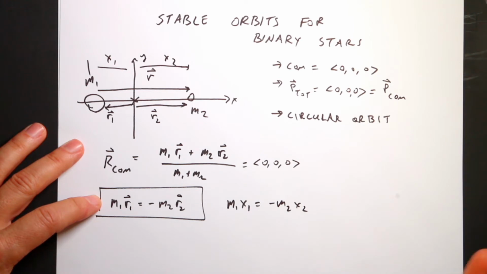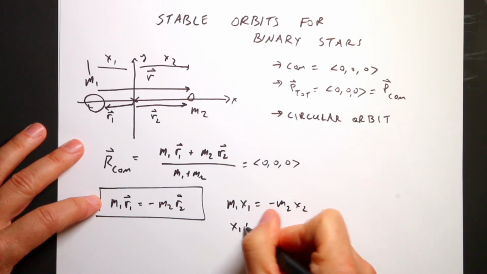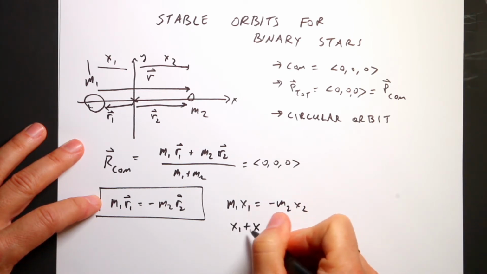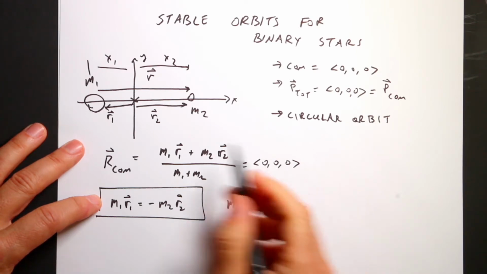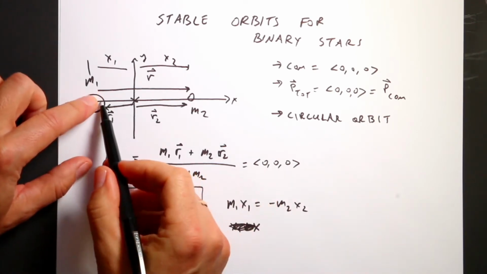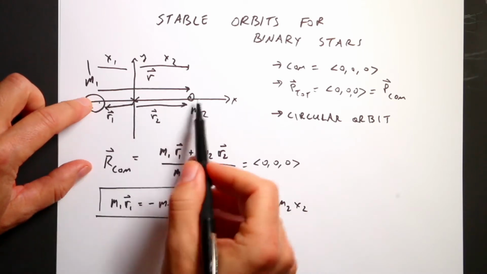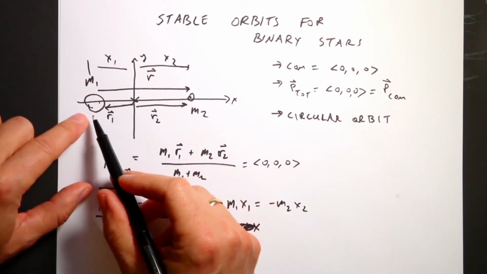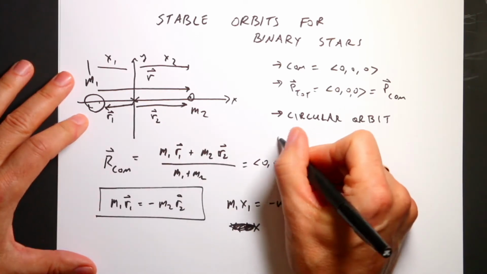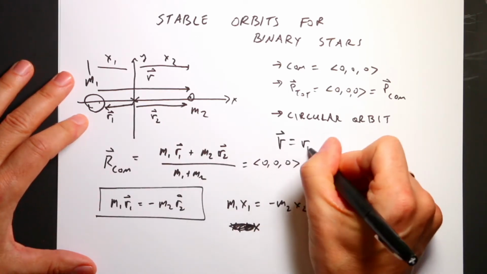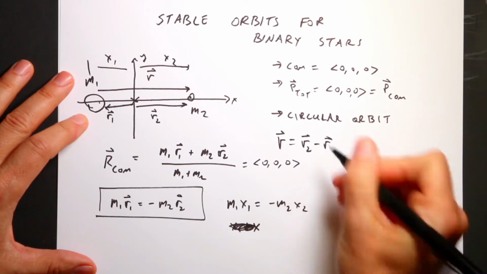But I also know that x1 plus x2, no, I don't know that. So if I look at the vector location from here to there, r, I know that it's going to be the final position r2 minus the initial position r1. So I know this is true: R equals r2 minus r1.